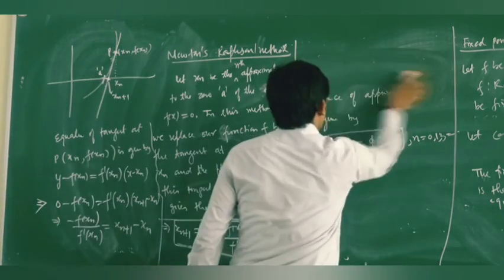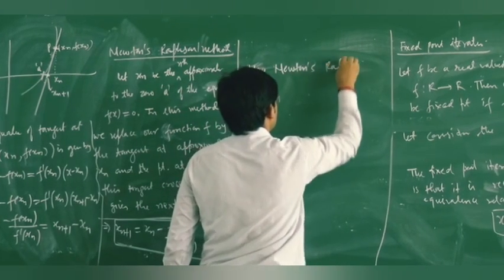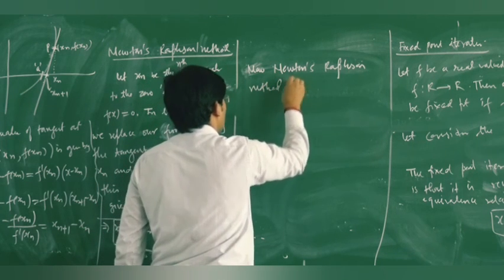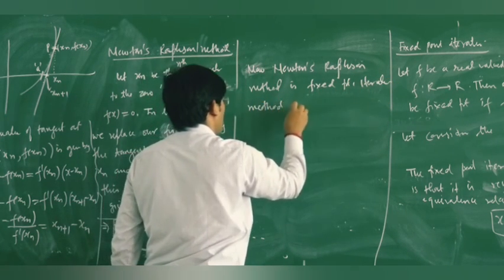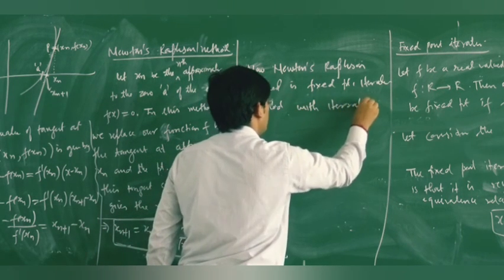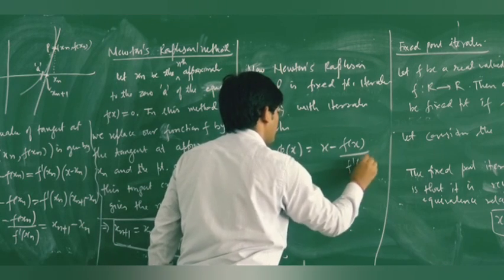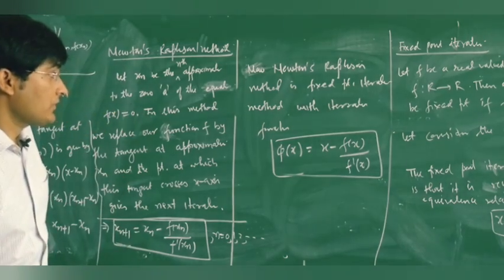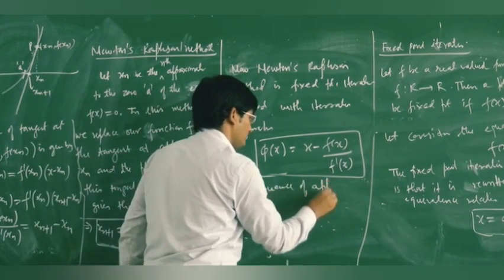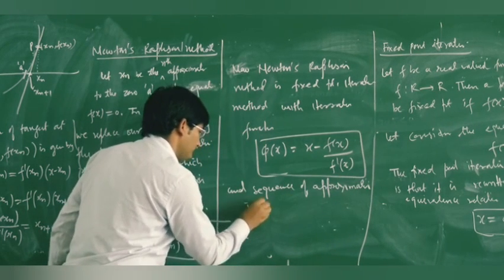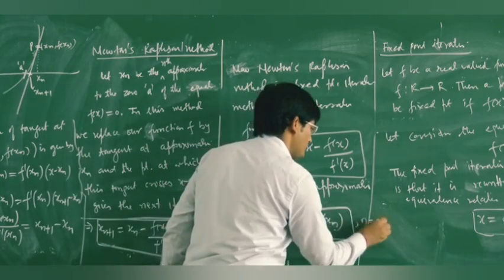Now this iteration method is a fixed point iteration method with iteration function phi x equal to x minus f x divided by f dash x, and the sequence of approximation is given by xn plus 1 equal to phi of xn, where n is equal to 0, 1, 2 and so on.